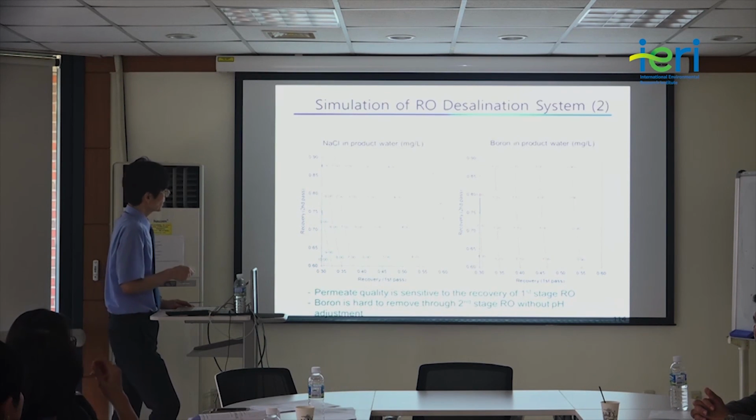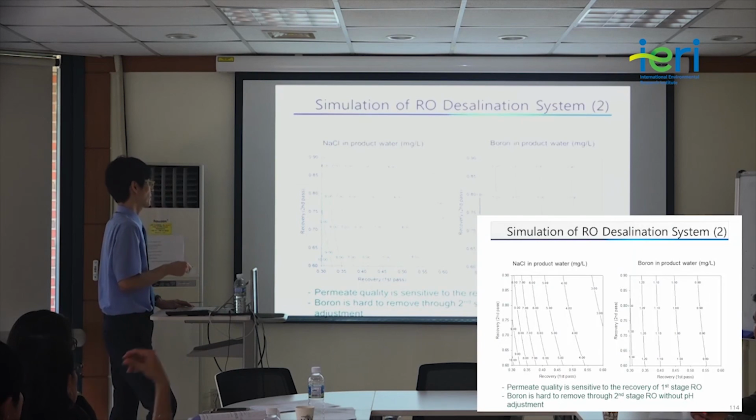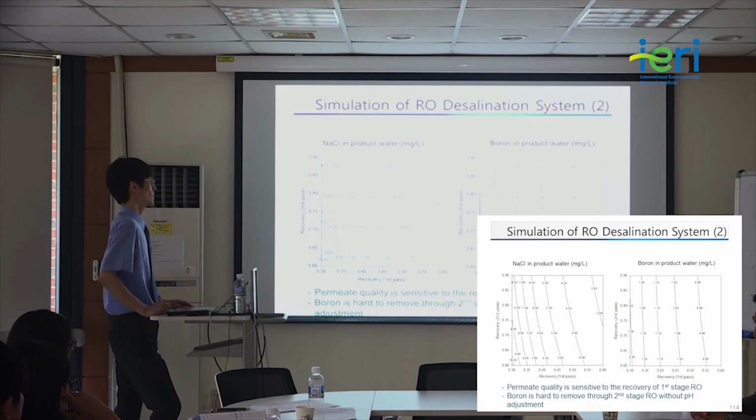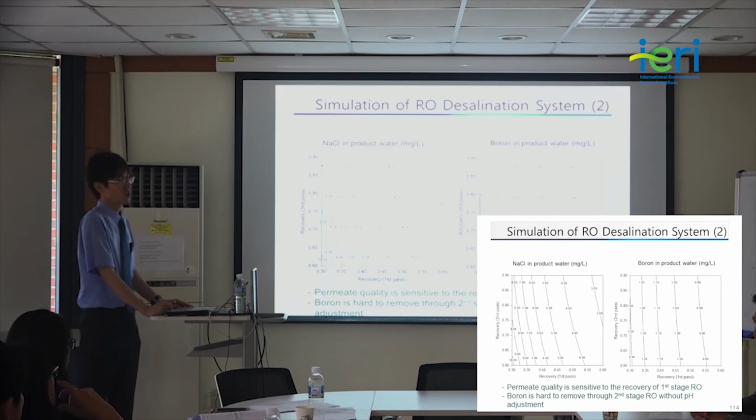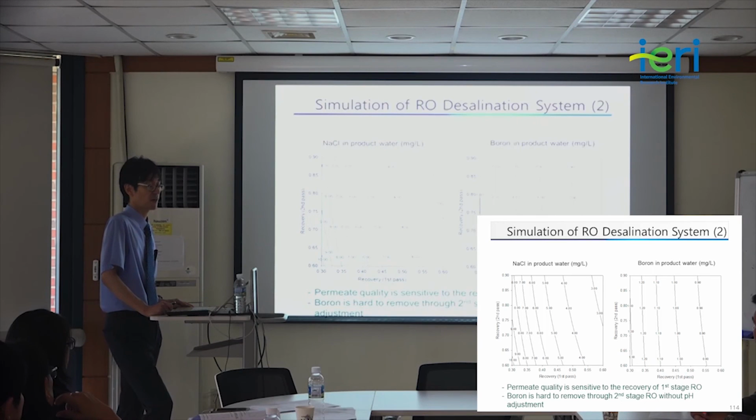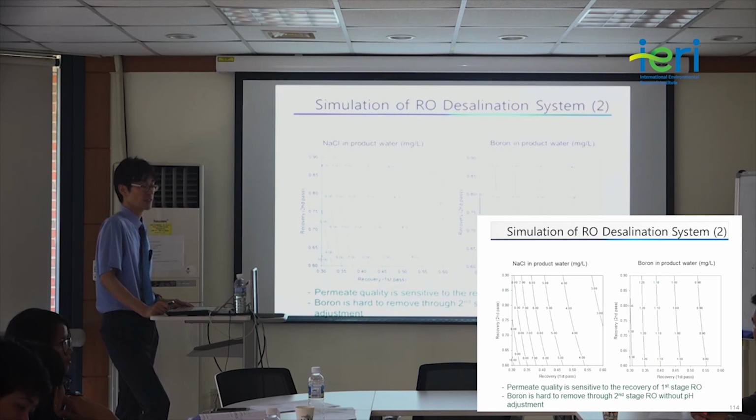And by changing the recovery for the first pass and second pass, the concentration in the permeate changes. In this simulation, we have a very optimistic scenario, and since we have two-pass systems, the salt concentration in the final water is very low.